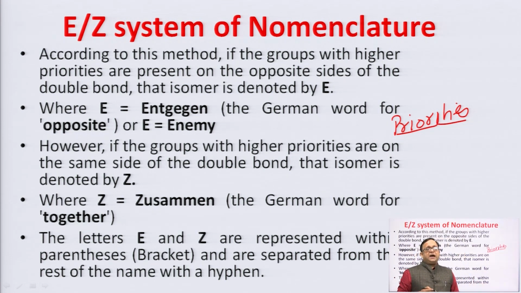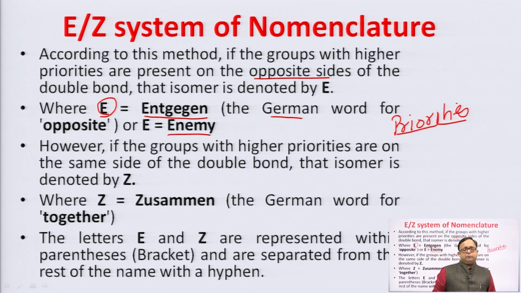If the groups with higher priorities are on the opposite side, remember the condition is again the same, opposite side, we represent it with the letter E. E is from a German word, entgegen. We can relate it to enemy, meaning enemies stay away from each other, opposite to each other. In a similar fashion, the higher priority groups are present opposite to each other, so we call that configuration E.